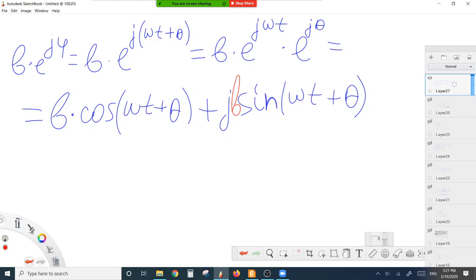Now we have seen how to represent complex number b in terms of a phasor, or in terms of the sum of cosine and sine.